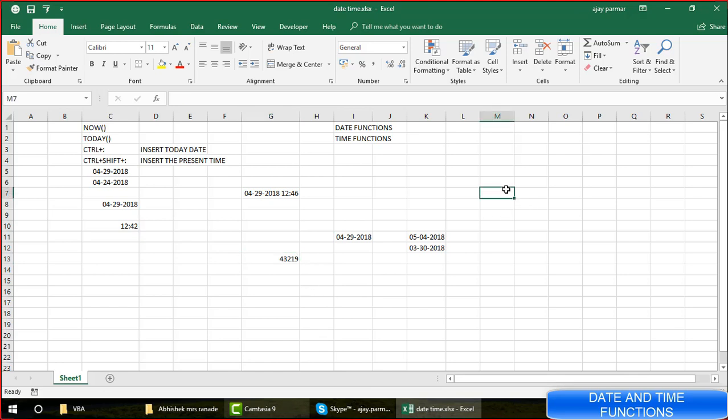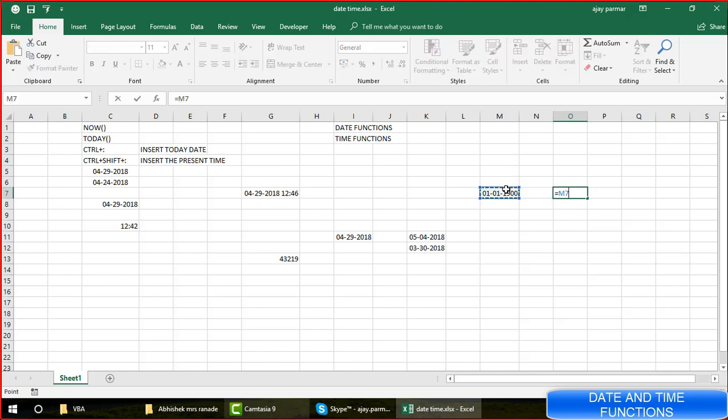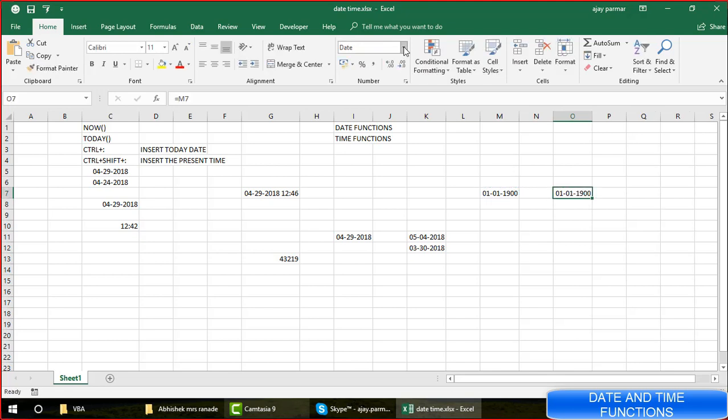So what happens in Excel, if you have a date, let's say 1st of January 1900, right? If I check the number given to this date, you find that it is the number one. So this is your first date actually in Excel. Anything which is beyond this is not going to be considered a date.